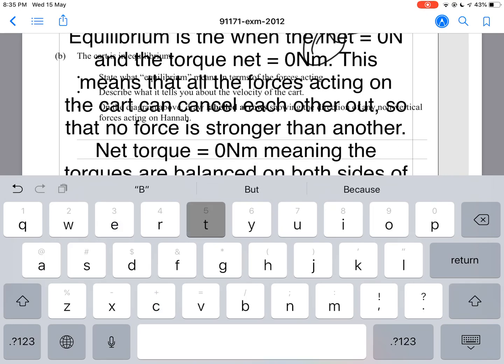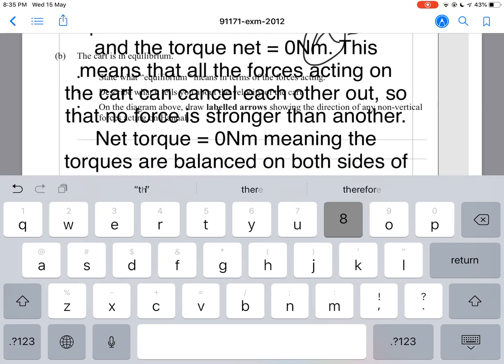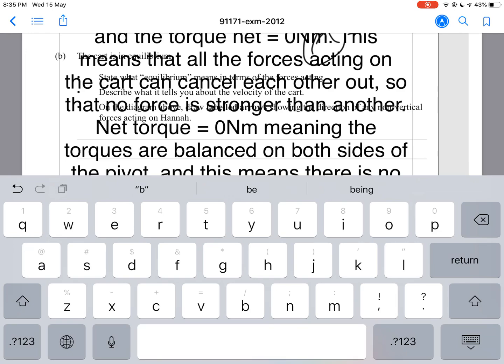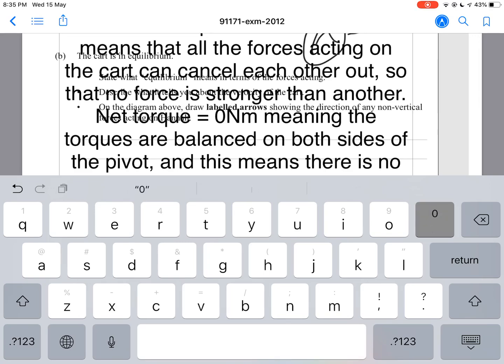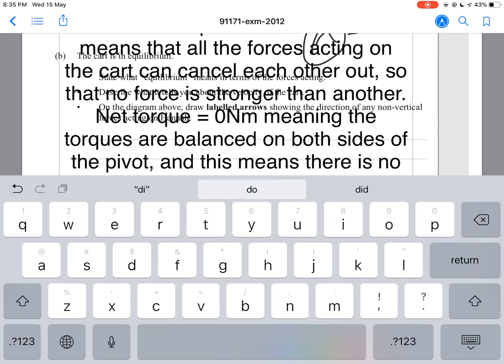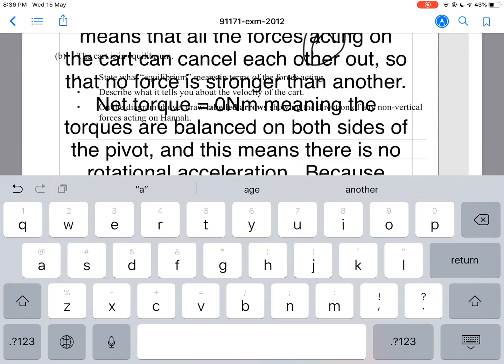So, because there are no unbalanced forces, this means that F net equals 0 newtons, and because F equals ma, and F divided by m equals a, because F equals 0 newtons, 0 divided by anything is 0.